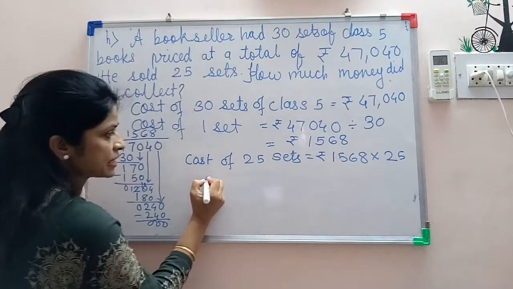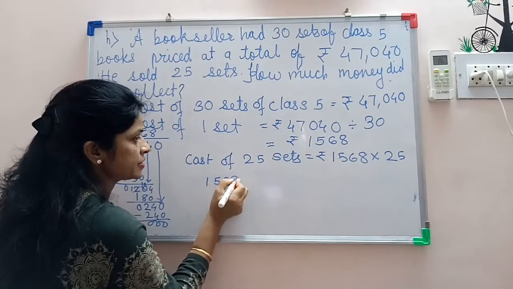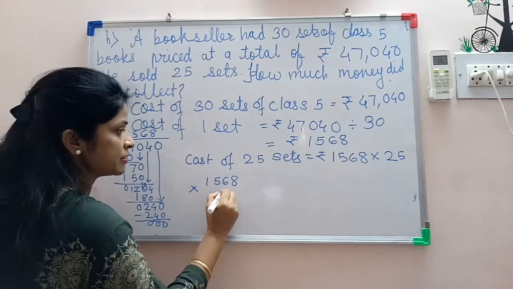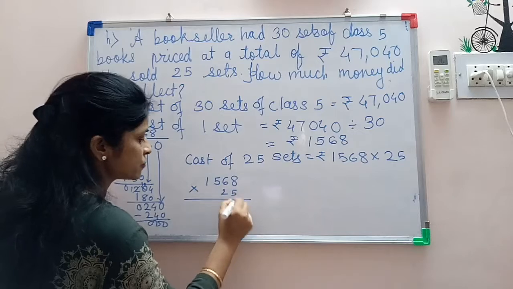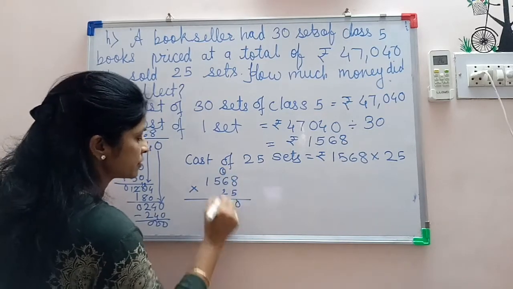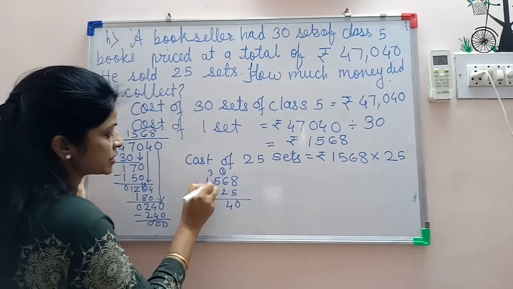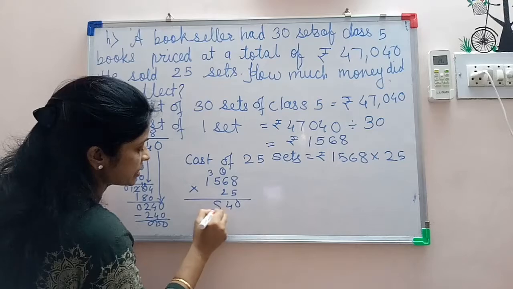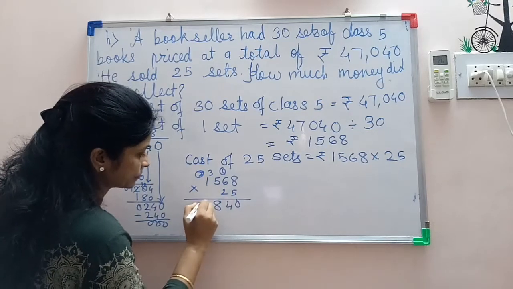I will start the multiplying one side. 1568 multiplied by 25. 8 5s are 40, 4 carry. 5 6s are 30, 34, 3 carry. 5 5s are 25, 28, 2 carry. 5 1s are 5, plus 2, 7.